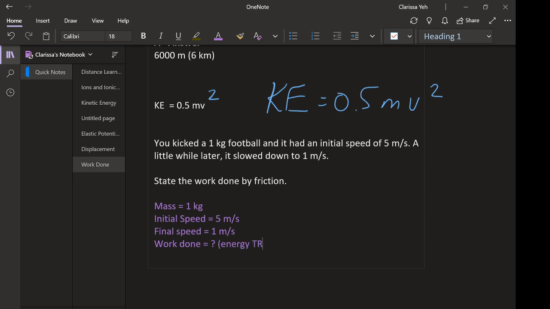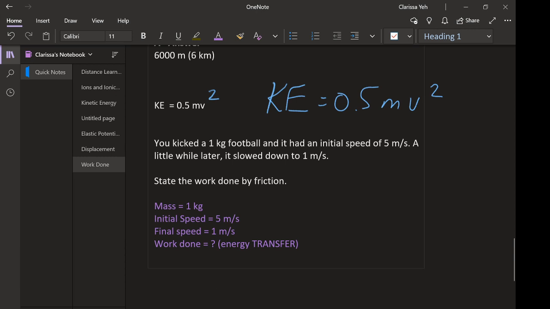But this is energy transfer. If you notice, this football lost speed. It started off at 5 meters per second and then it went down to 1 meter per second. Because it lost speed, it must have lost some kinetic energy, because if you look at the kinetic energy formula, it's a half mv squared.